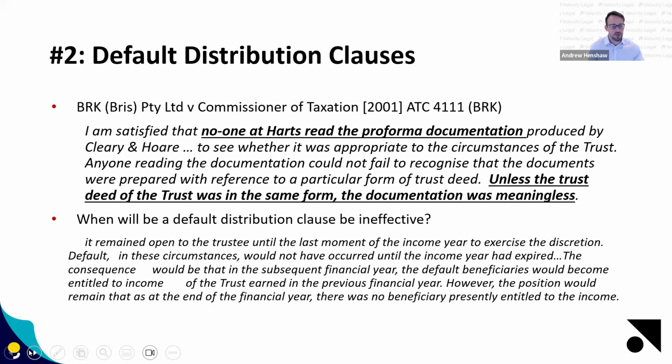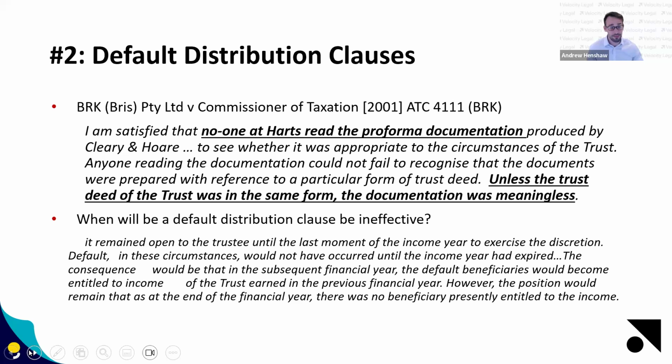So the time at which the default beneficiaries become presently entitled is 1 second after midnight, on 1st of July. So if you ask the question, were beneficiaries presently entitled as at the cutoff of the financial year, the answer is actually no. So the trustee gets assessed.